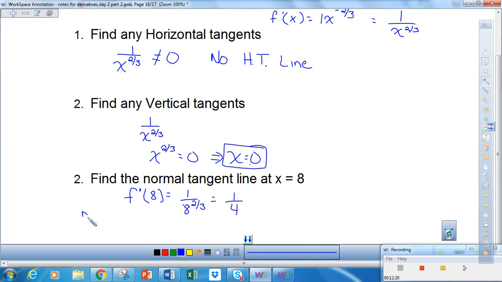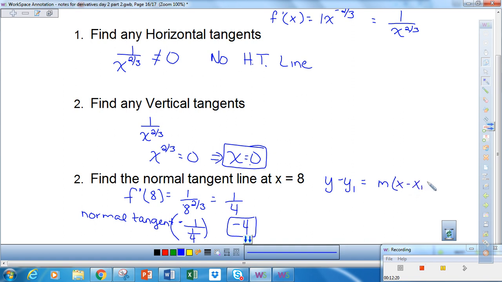So the normal line is the reciprocal of the tangent slope, and we take the opposite of it. So the normal line slope is going to be negative 1 over 1/4, which is negative 4. And they want us to find the equation for that. So to find the equation, it's y minus y1 equals m times x minus x1.